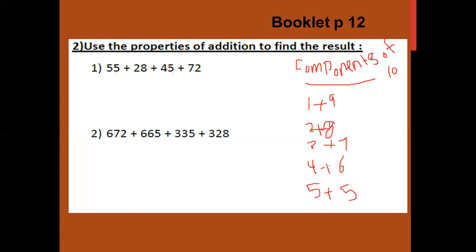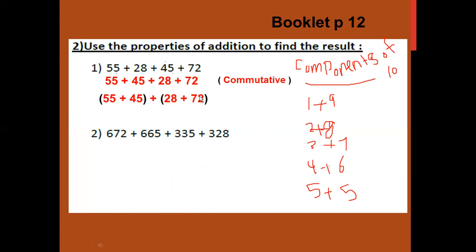Okay, I will bring 45 instead of 28 and 28 instead of 45 to be 55 plus 45 plus 28 plus 72. This property is called what? Yes, commutative property. And then I will take 55 with 45 and 28 with 72 between brackets. This is the associative property.